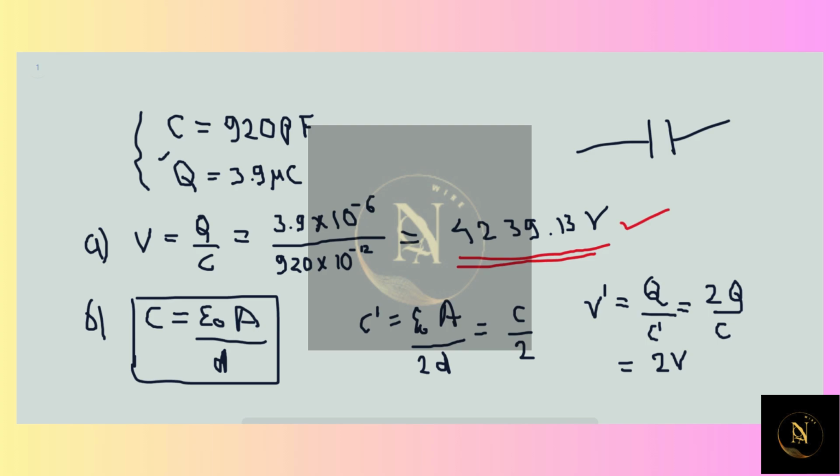So it's 2 times V. We just multiply 2 with the initial potential difference, which comes out to be 8,478.26 volt. So this is the value of the new potential difference when the plate separation is doubled, keeping charge Q constant. This is the answer for the second part of the problem.